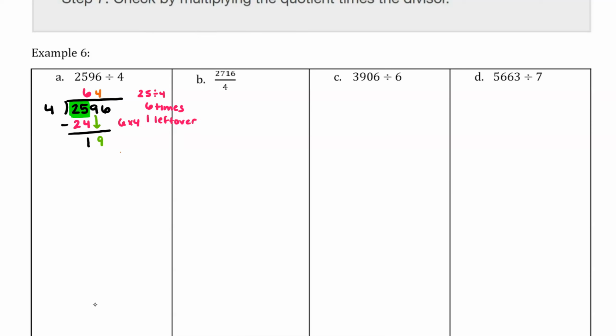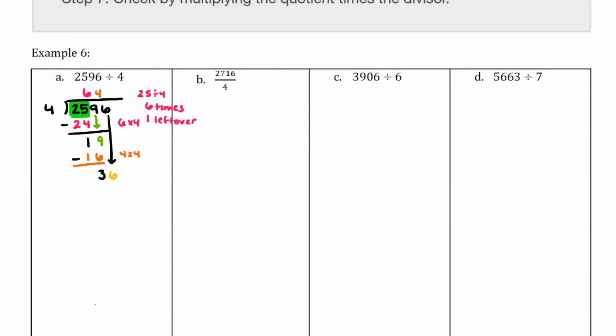So 4 times 4 is 16, and then we subtract. So 19 take away 16 is 3, and I'm going to bring down this next number, which is a 6.